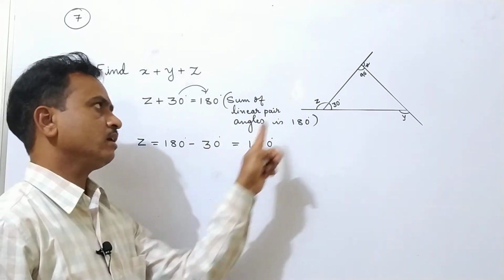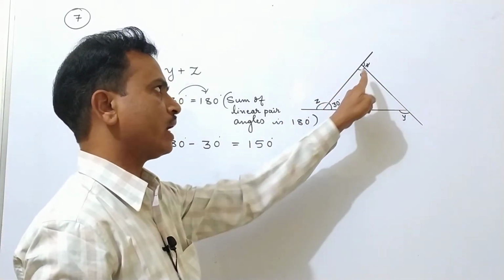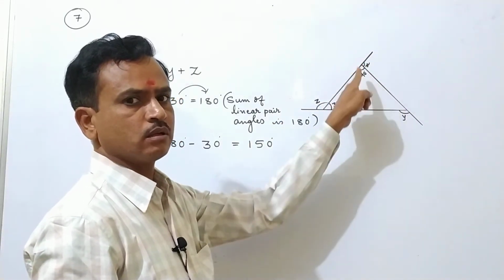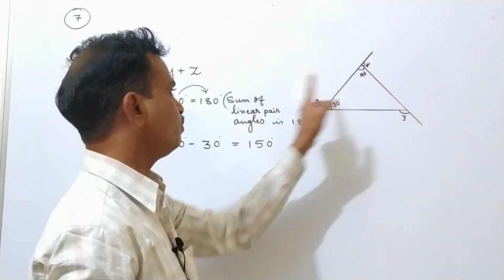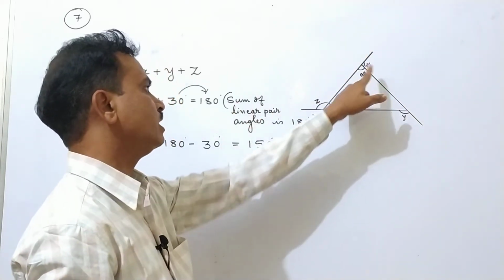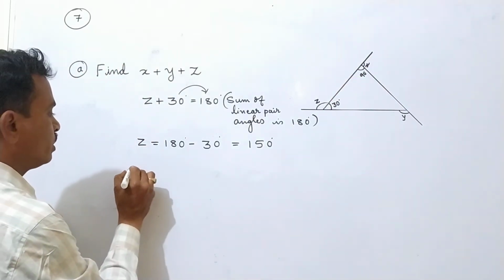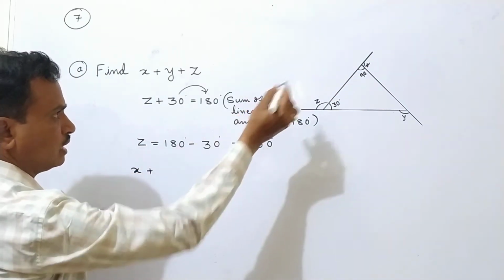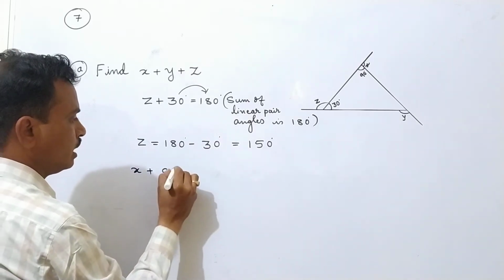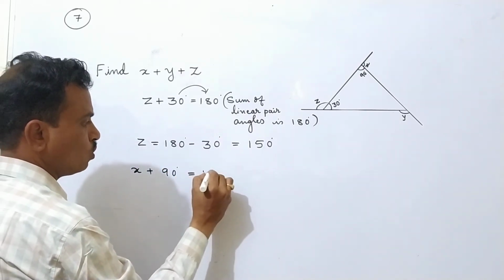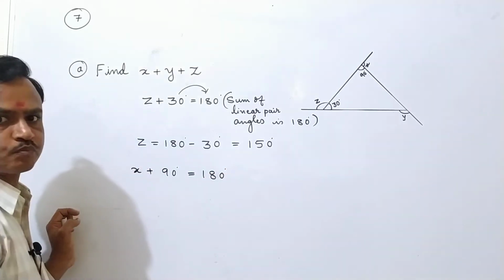In the same way, we have to add these two angles. The same method we can use: sum of linear pair of angles is 180 degree. So x plus 90 degree is equal to 180 degree.